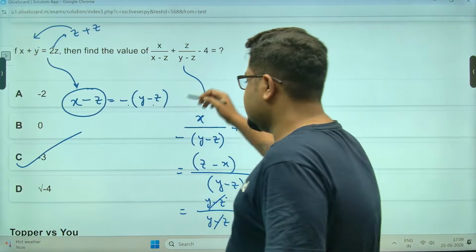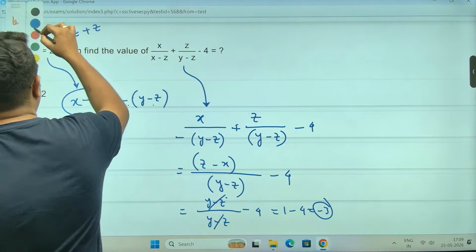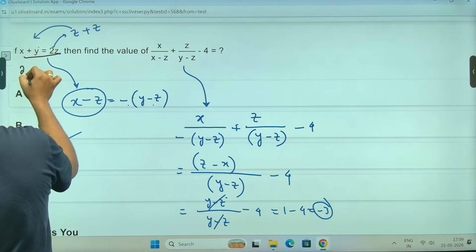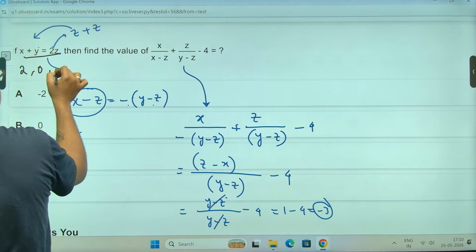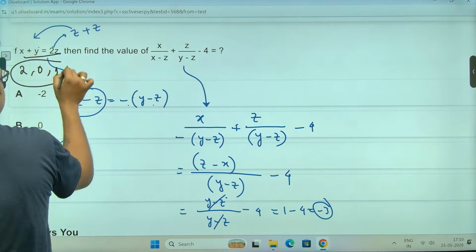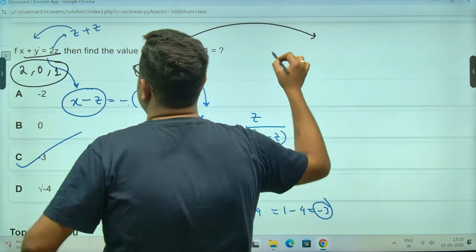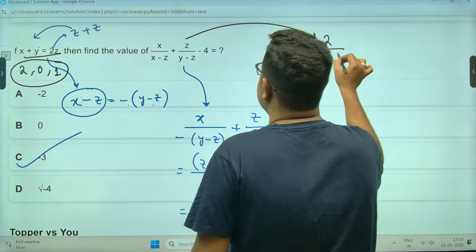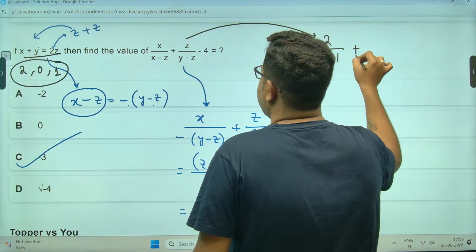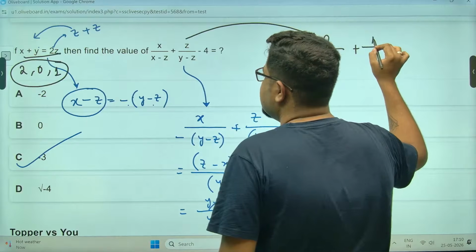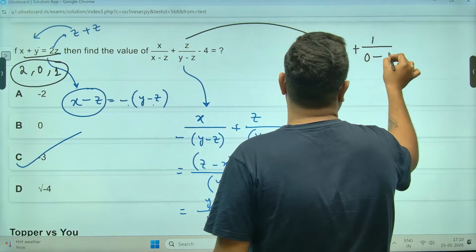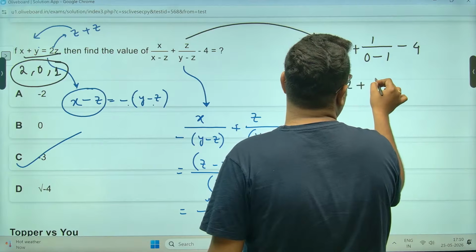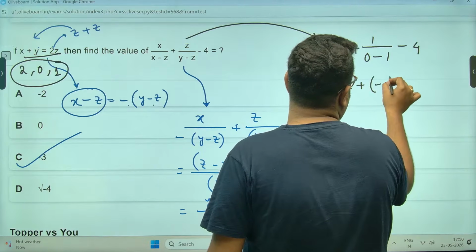Now another method, which is also a very good method. Value putting. x plus y equal to 2z. Let x be 2, y be 0, z be 1. Put the values over here. x is 2 by 2 minus z, which is 1, plus z is 1 by y, which is 0, minus z, which is 1, minus 4. 2 plus of minus 1, minus 4.